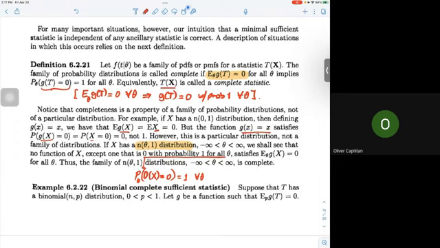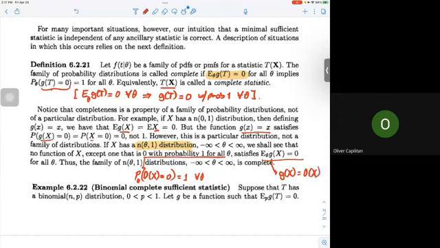And this satisfies our assumption that the expected value of g of x, this g here, actually refers to the 0. The g of x means that's the 0 of x, which is the zero function.